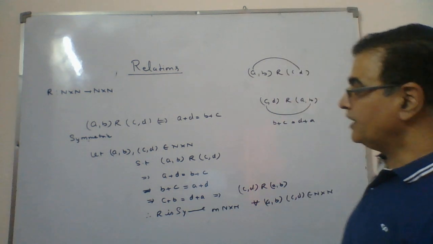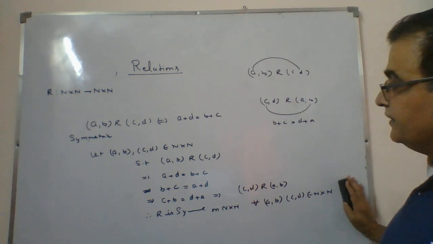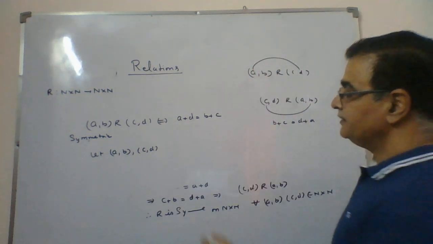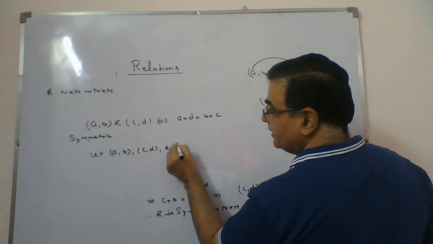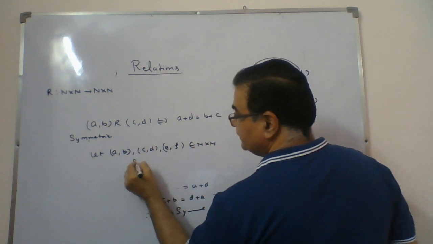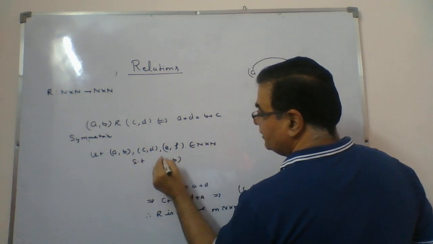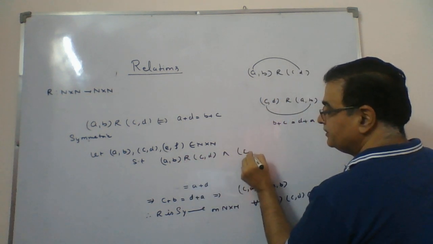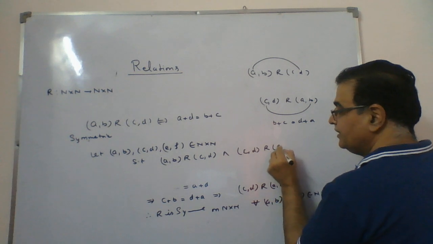Same way we go for transitive. In transitive, we'll take 3 elements. So we say (A, B), (C, D) and (E, F) belong to N cross N such that (A, B) relates with (C, D) and at the same time (C, D) relates with (E, F).